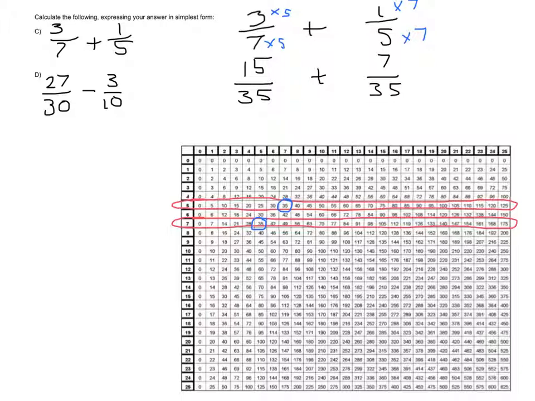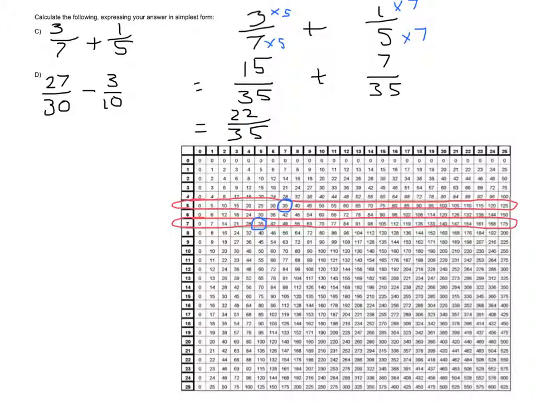So in this case, the answer will be 15 plus 7 equals 22 over, and again, remember we keep the denominator the same, so the final answer will be 22 over 35.